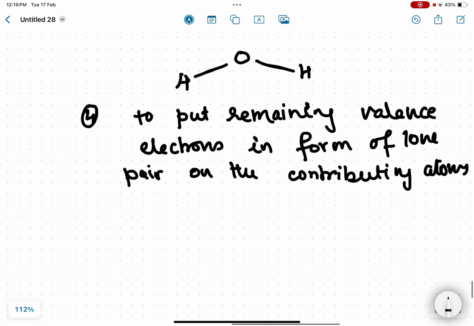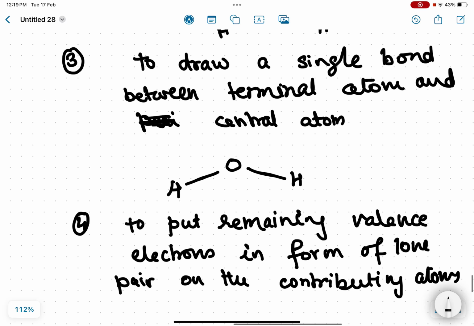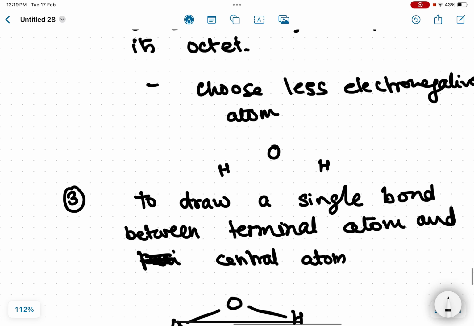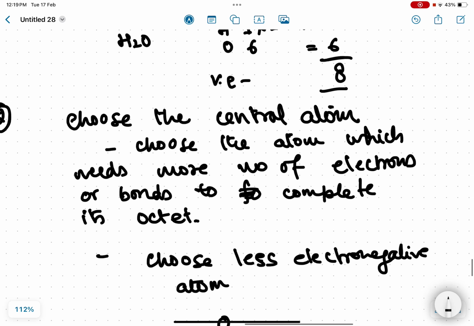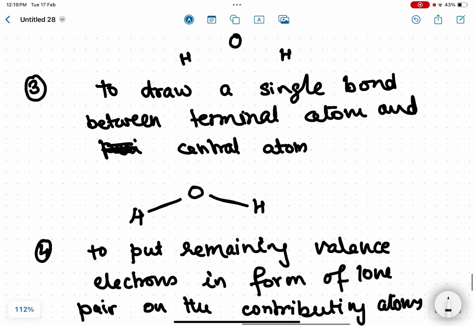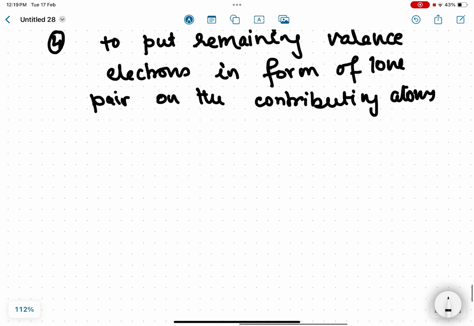So in this case, in total we calculated there were 8 valence electrons.